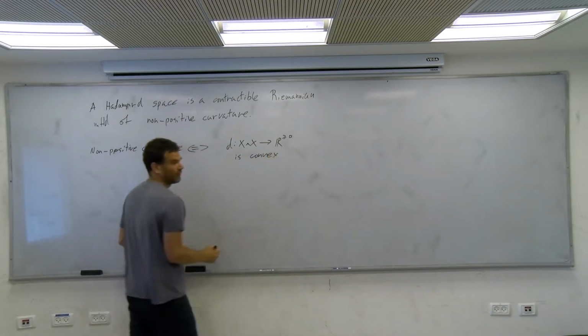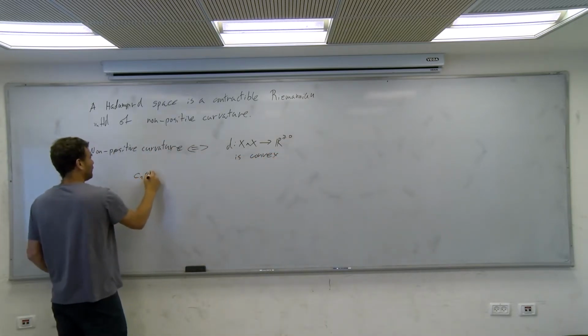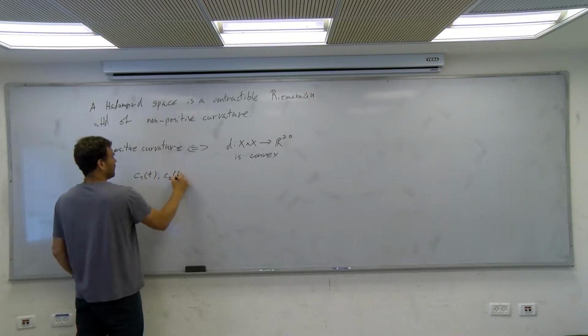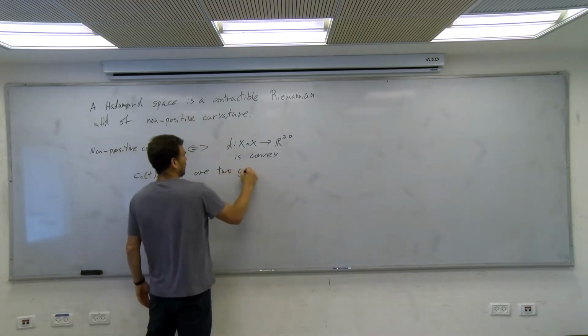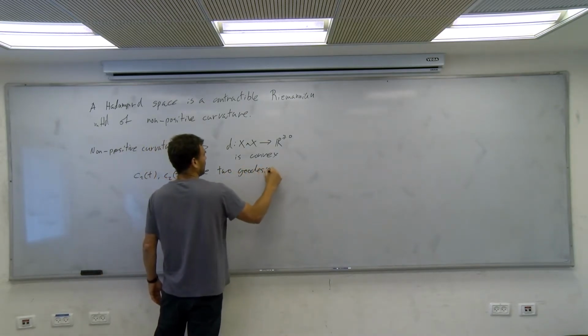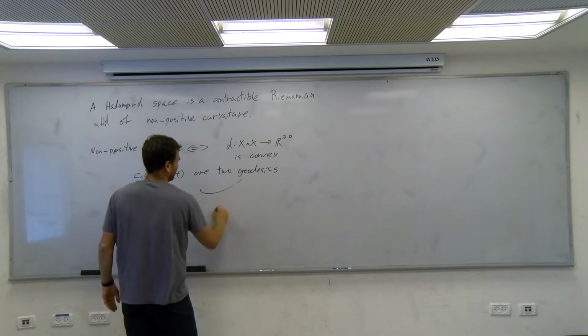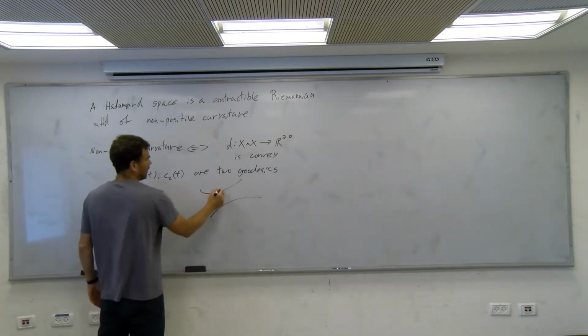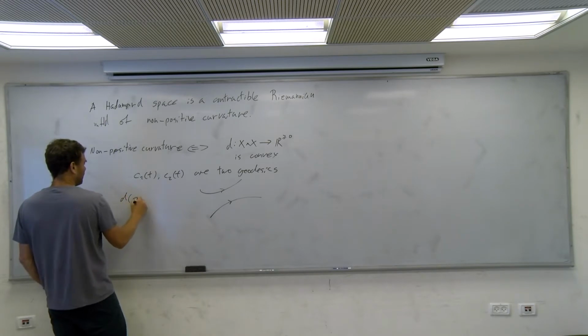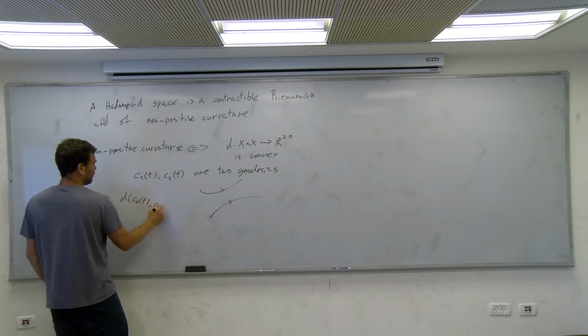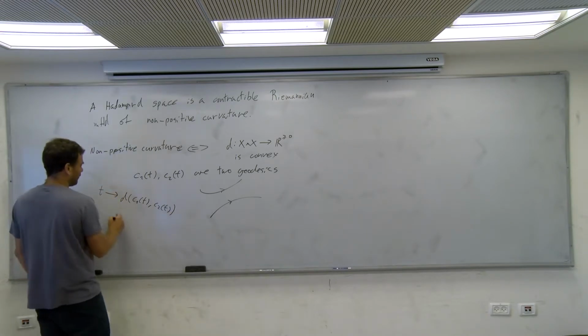It means that if c1(t) and c2(t) are two geodesics, then the distance from c1(t) to c2(t) is a convex function.